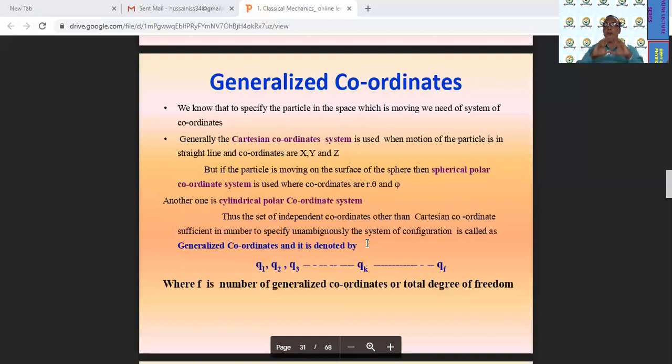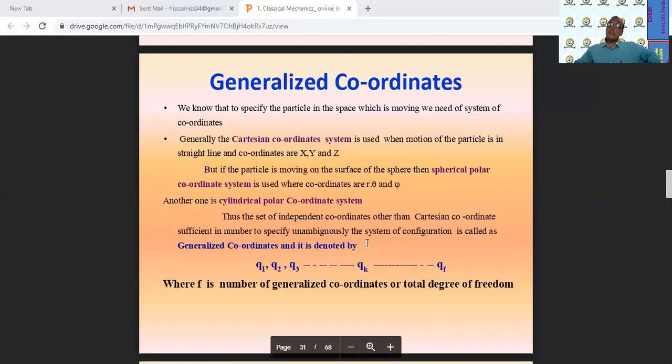Sometimes motion is on the circumference of a circle. That means spherical motion is also there for the particle, and when the particle performs spherical motion, the coordinates required to represent its position are not Cartesian, but the spherical polar coordinate system. For the spherical polar coordinate system, the coordinates are not x, y, z but r, theta, and phi, where r is the position vector, theta is the angle, and so on.